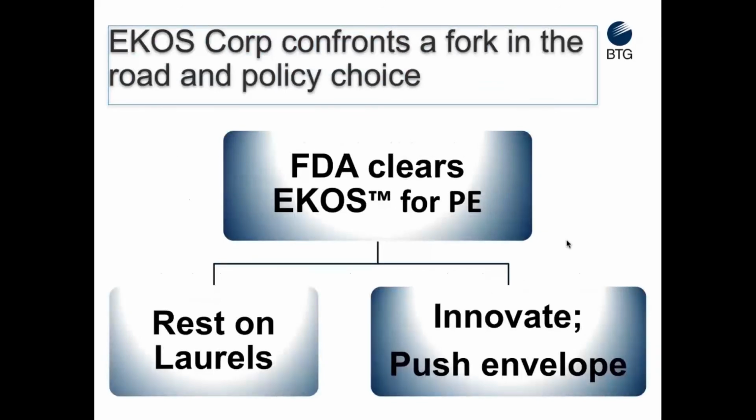So the EKOS Corporation really was presented with a fork in the road with the decision making. They had FDA clearance for the only device to treat pulmonary embolus. They could have rested on their laurels and been satisfied with that, or they could have continued to innovate and push the envelope.